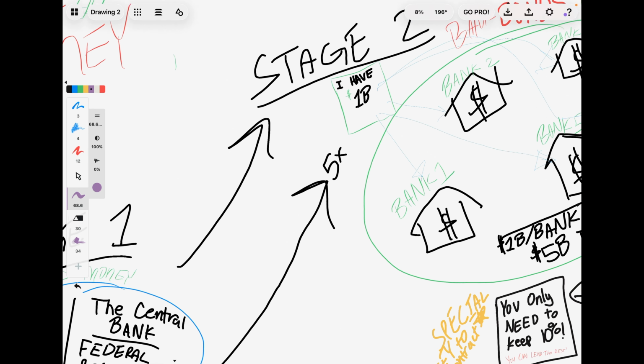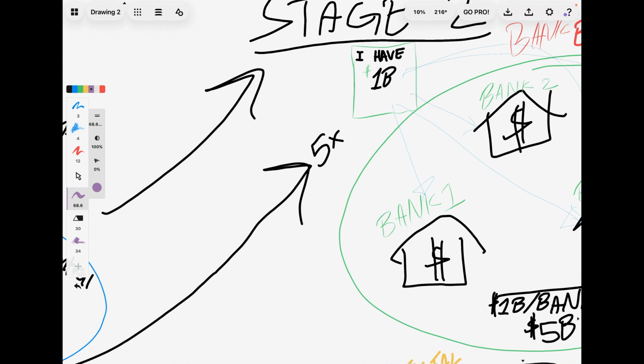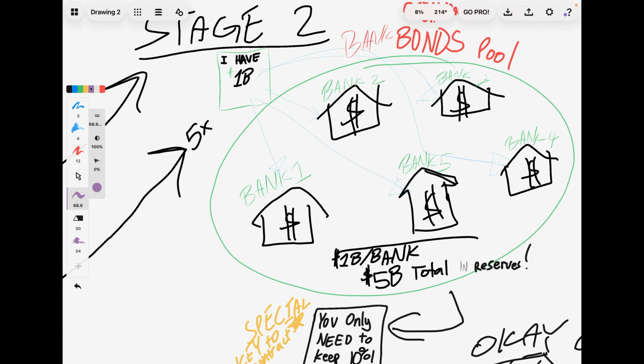Now I'm going to multiply that contract 5 times, and I'm going to go to 5 banks and say, I have $5 billion. Take this contract. You're going to do that 5 times with 5 different banks, the top 5 banks.